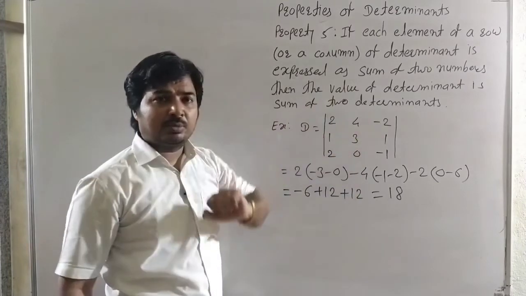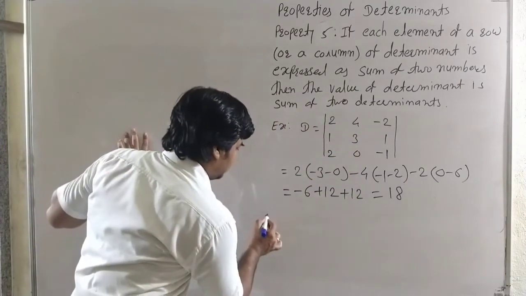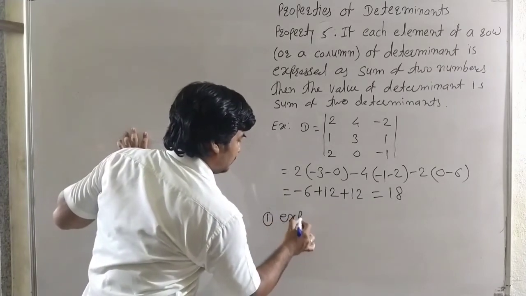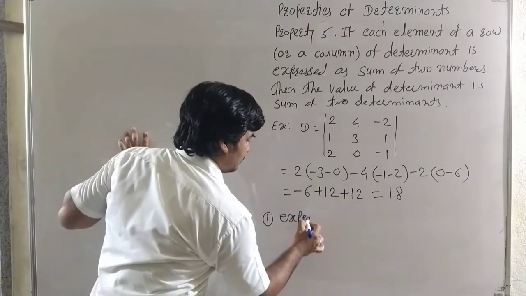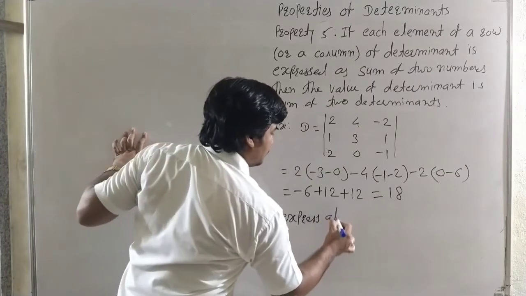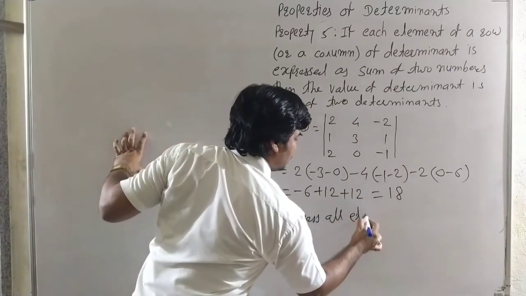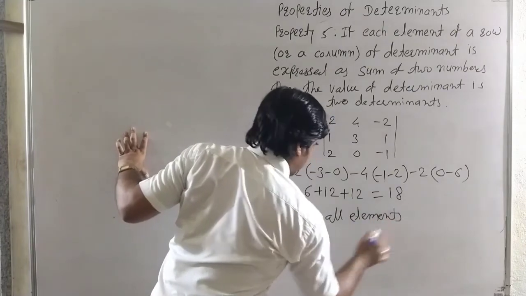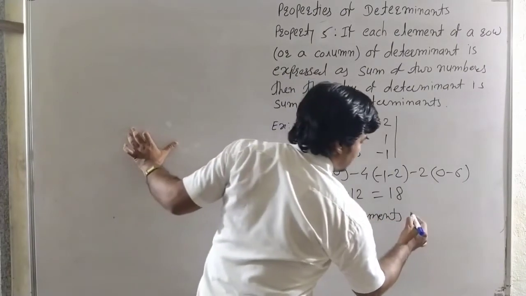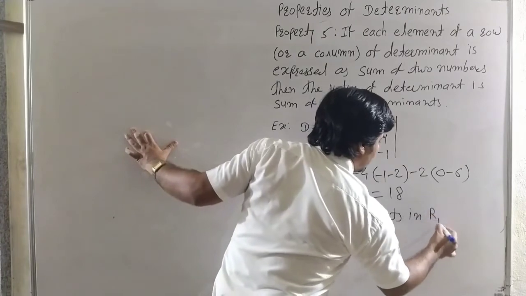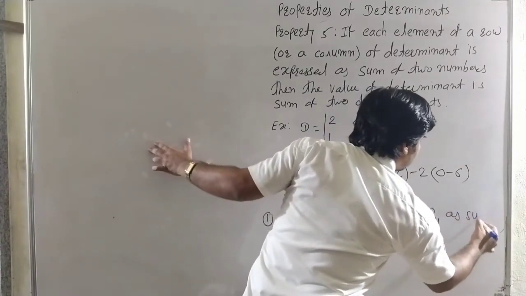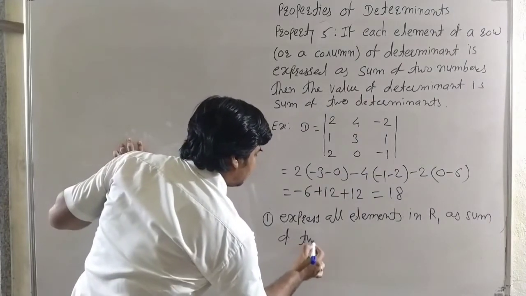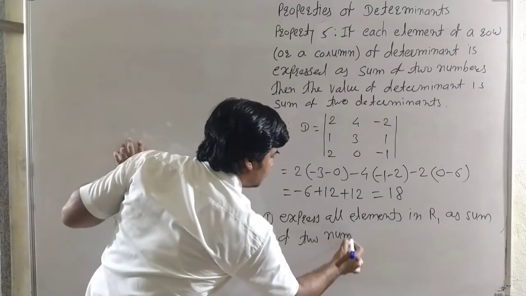It is our original determinant, and here we can express all elements in row 1 as a sum of two numbers.